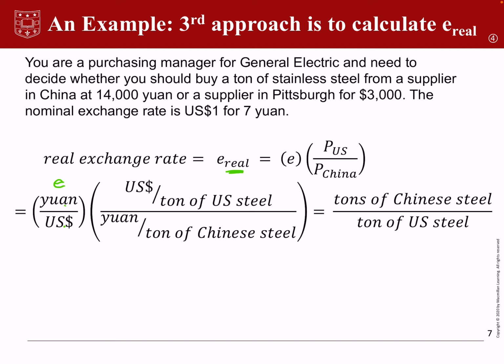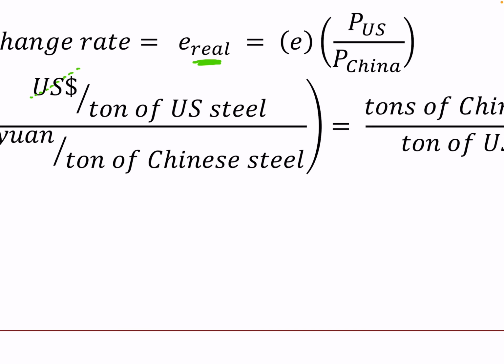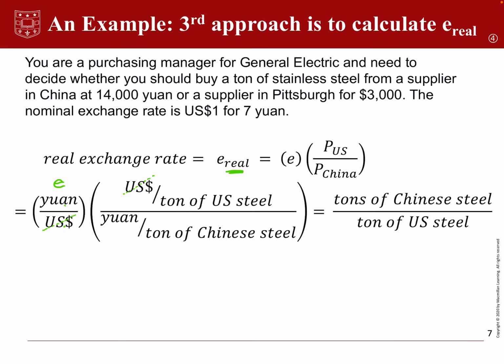And so if you screw your eyes up and look at this, you can see that we have a bunch of fractions. US dollars is in the denominator in the exchange rate. It's in the numerator in the second term. Yuan is in the numerator in the nominal exchange rate. It's in the denominator of this second term.